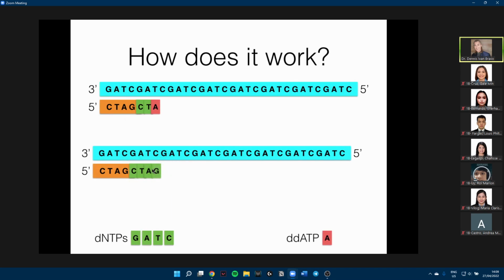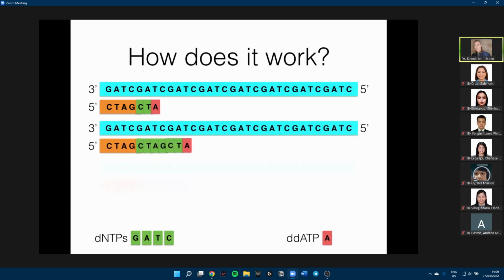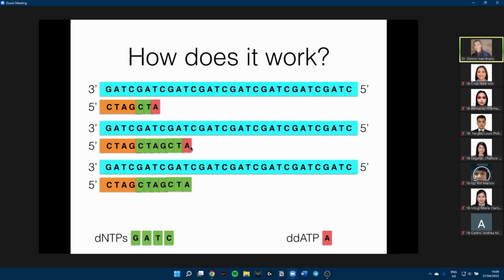So polymerization actually continues until another chain terminator has been incorporated by chance. And yet on another template and primer, normal A was incorporated, which means polymerization continues until another chain terminator has been incorporated.